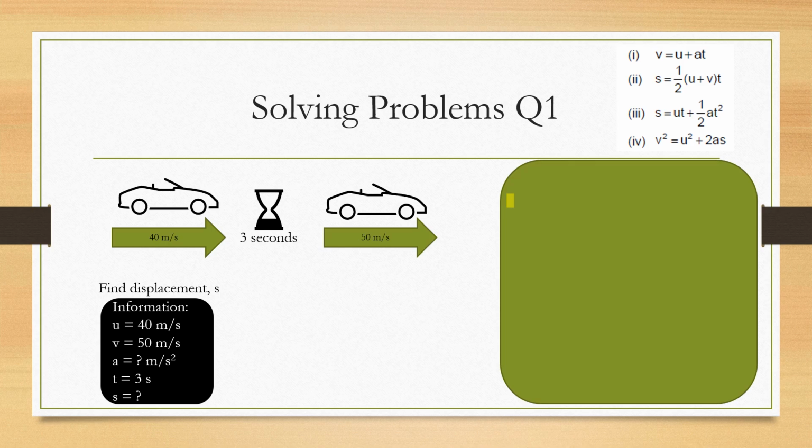We can find acceleration, but if you look at equation 2, there's no need to use acceleration. So we can simply use equation 2 to solve this. We write equation 2 first, and then we put in the value for each component. We replace initial velocity with 40, final velocity with 50, and time with 3, and then we get the answer for question 1. The displacement is 135 meters.